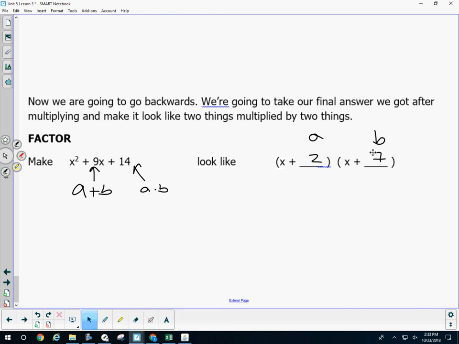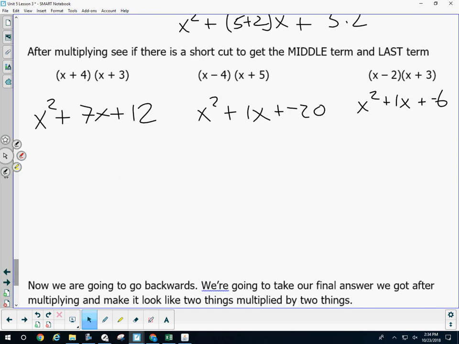But understand from the process of distributing why we are looking for two numbers that add to 7 and multiply to 12. And just start here and say, okay, 4x, 3x, 7x, 4 times 3, 12. Okay? That's what we're doing. We are going backwards. This is why it works.